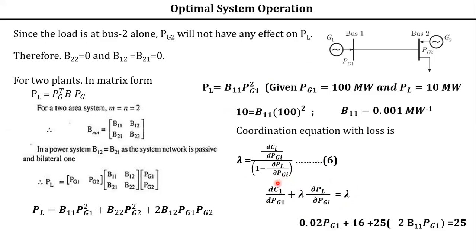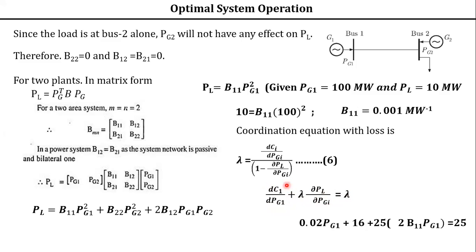For plant 2, it becomes dC2 by dPg2 plus lambda into dou PL by dou Pg2 is equal to lambda. So this is also a coordination equation, the coordination equation for plant 2.